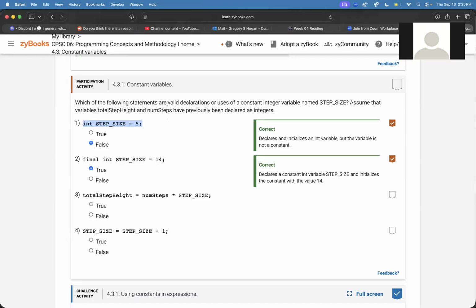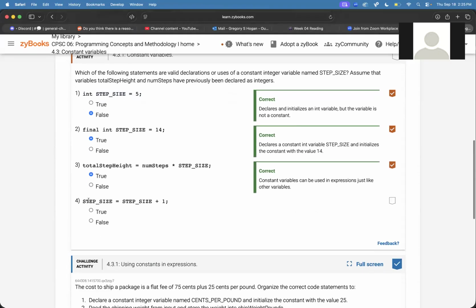It says declaration or uses of constant integer variable. Yeah, this would be fine, I guess. Step size equals step size plus 1. No, this would be changing the value of step size, and the point of a constant is that it does not change. You'd be adding 1, so that's wrong. You'll get an error.